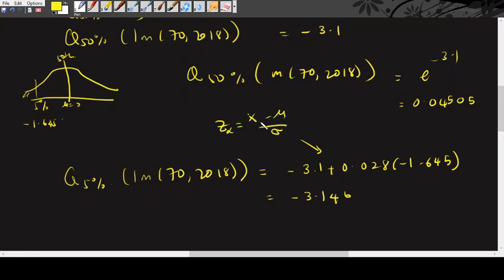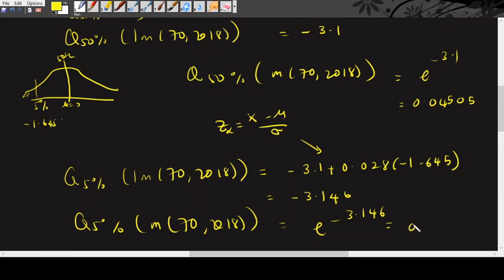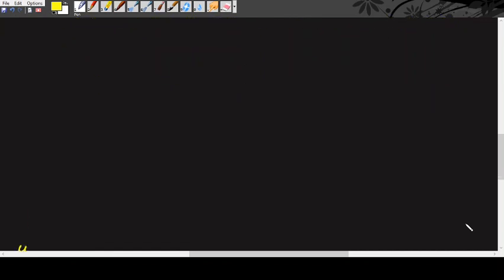Since I want to find x, we just rearrange this. Okay, here Q5% of M70 2018 is e to the negative 3.146, which is equal to 0.04302. That's it for part A.